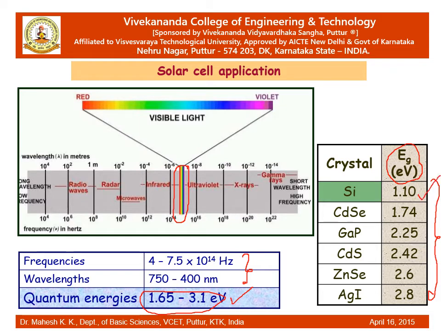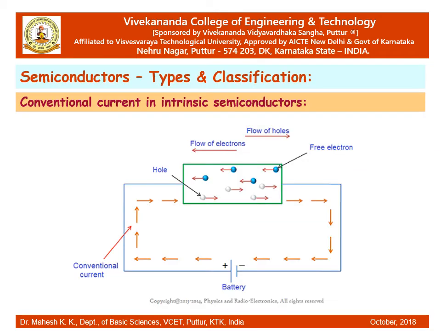At present, silicon is used, and people are using amorphous silicon, and that is the importance of the energy band gap. That is the intention of learning the energy band gap, to identify suitable materials for solar panels or photovoltaic cells.